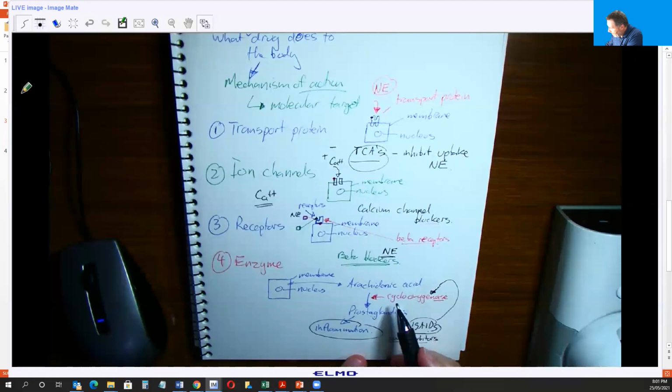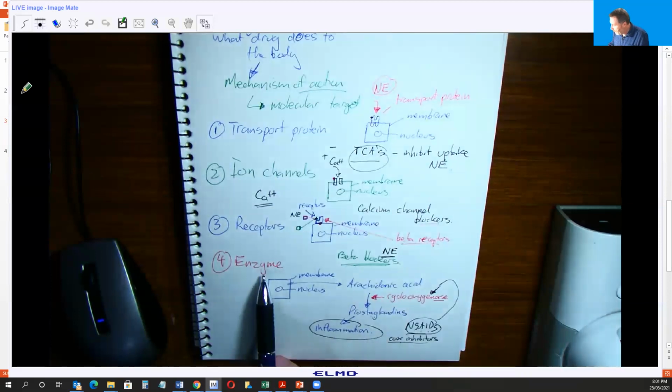And that means that arachidonic acid is not overly converted into prostaglandins, and less inflammation occurs when this particular enzyme is inhibited by the NSAIDs, which act as COX inhibitors. So there you have another example of a molecular target that drugs can work on, which is the enzymes in our body.